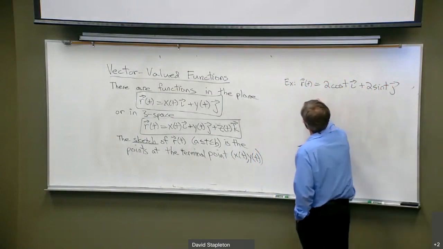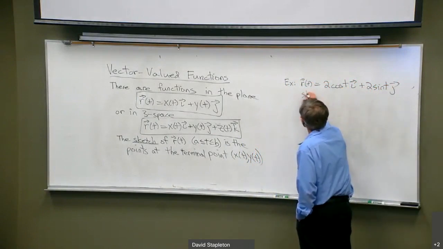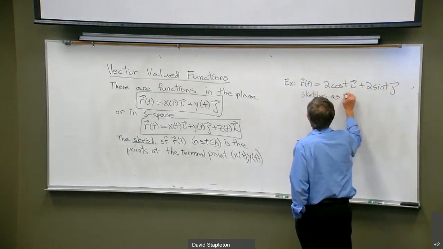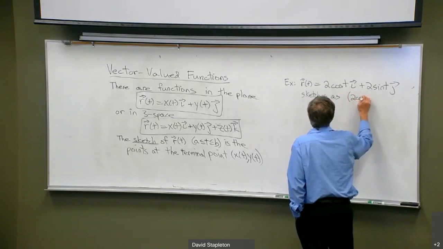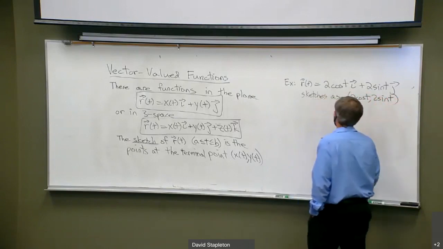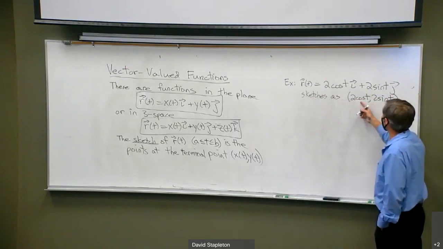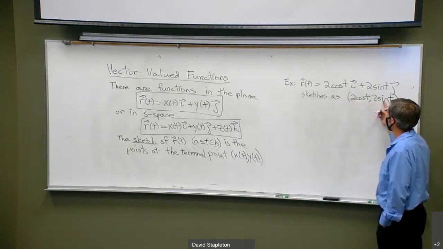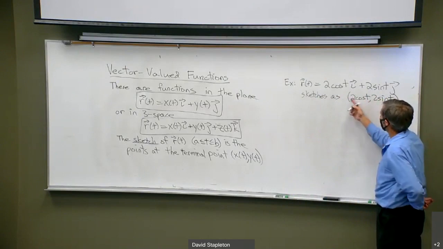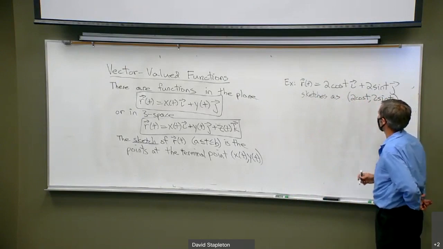These are the points with coordinates 2 cosine t, 2 sine t, which we recall is a way of parameterizing a circle, right? If you put cosine t, sine t, you get the unit circle, right? Each point would be a point on the unit circle at polar angle t. If we take 2 times each, it's just the circle of radius 2.